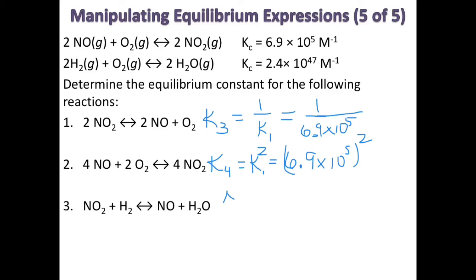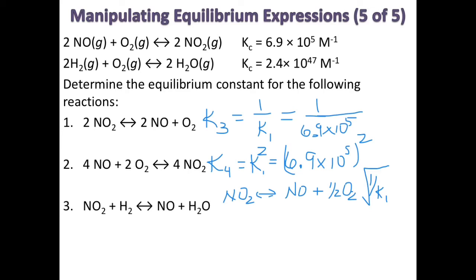So we have NO2 makes NO plus 1/2 O2, and we've reversed it, so it is 1 over K1, but we've also halved it, so it is a square root of 1 over K1 for that equilibrium constant.